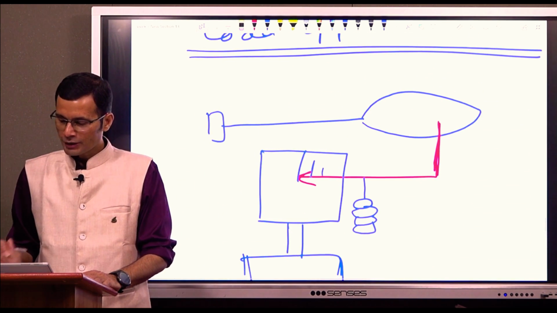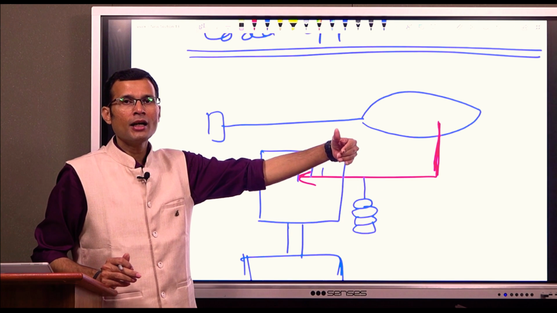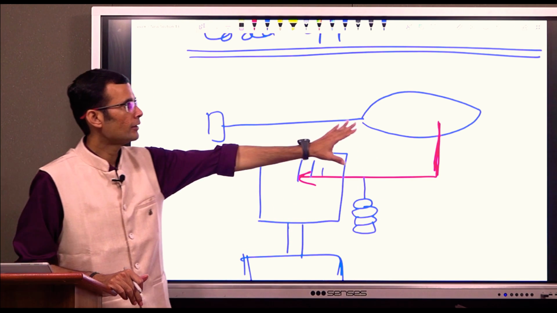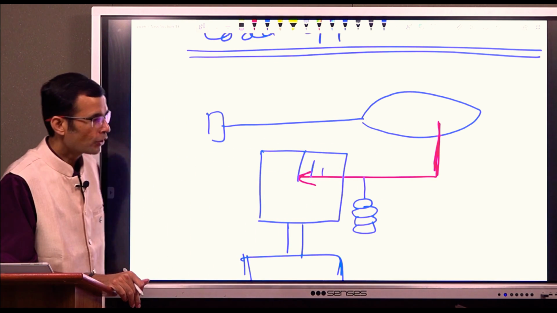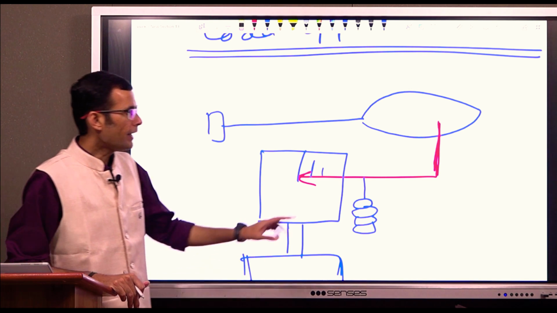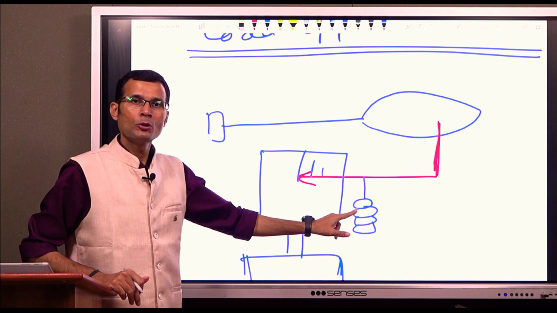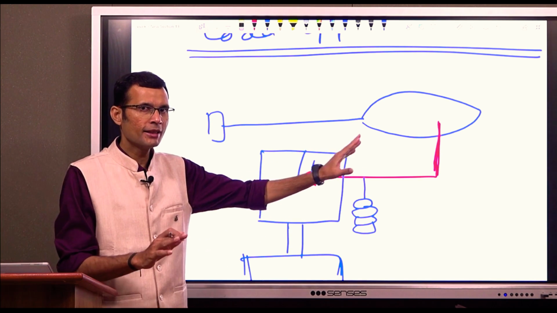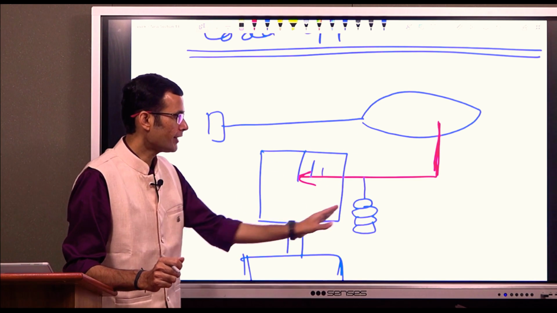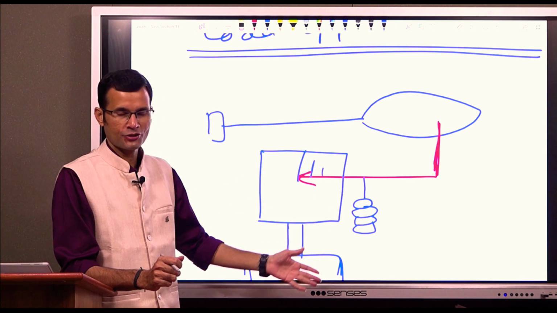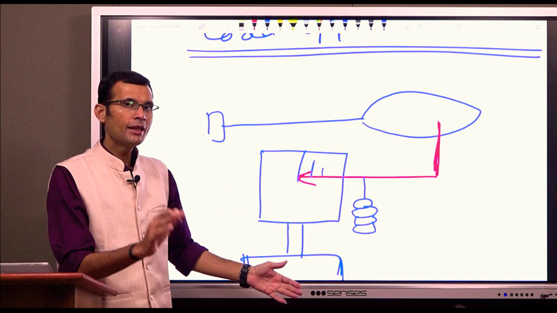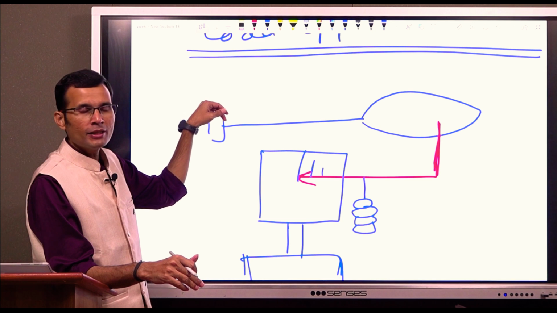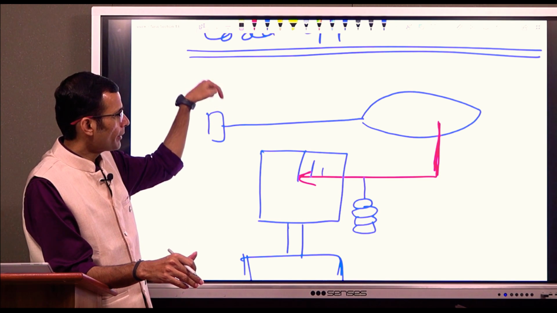Imagine this. Suppose this muscle is unsupported, not supported at all. And I apply the load. You know what will happen? The muscle is resting, it will be stretched. As soon as I apply the load, the muscle will be stretched. And then I stimulate the nerve muscle preparation, I apply the stimulus.